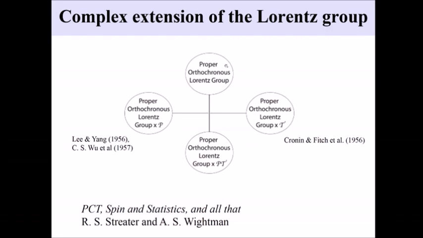Okay, now, why is this important? Because if you are interested in reading a very difficult, very highly mathematical book, the name of the book is PCT, Spin and Statistics and All That. This is a book written by Streater and Wightman. And what they prove is a beautiful and powerful theorem in theoretical physics called the PCT theorem.